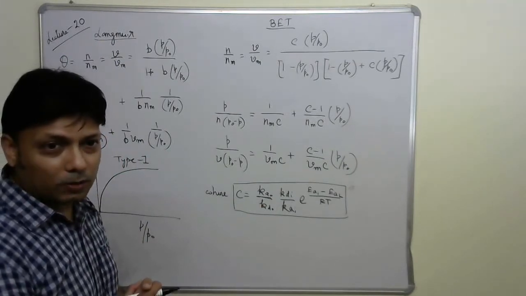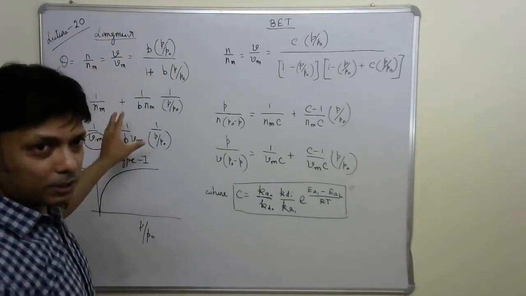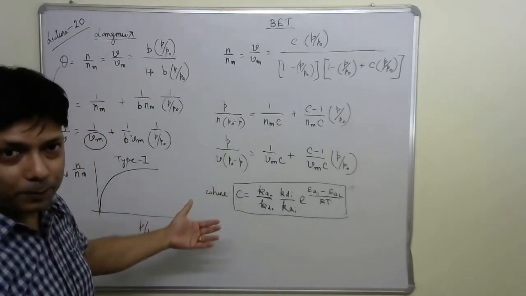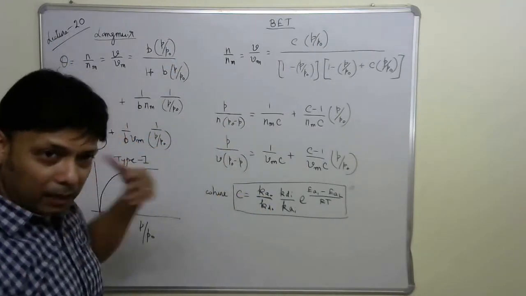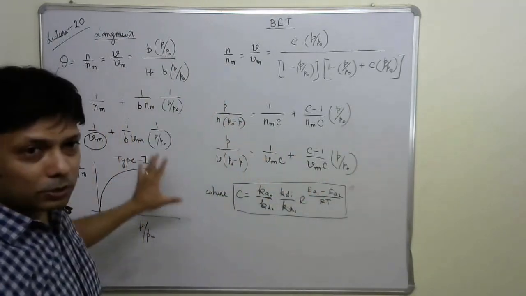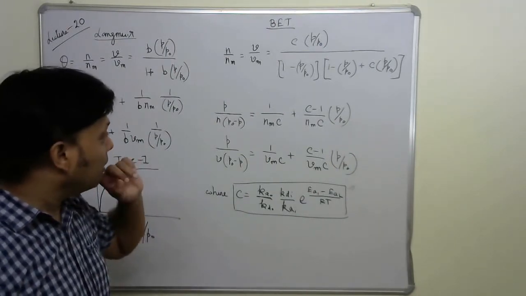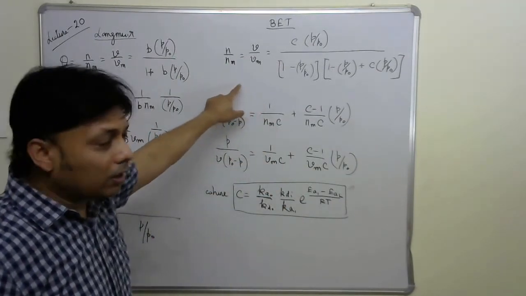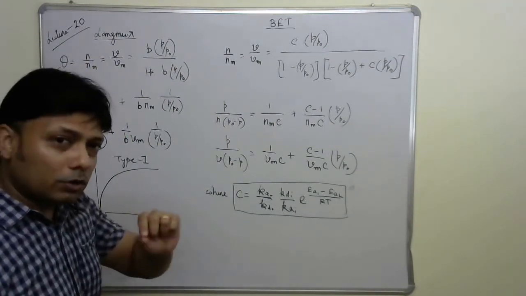In Langmuir's equation, there is no provision for any type other than type 1, but from the BET equation, it can be shown that depending on the value of C and other things, different types of adsorption isotherm can be produced and explained, and in certain special circumstances, this BET equation can converge into this Langmuir's form of type 1. That we are going to discuss in the next class.